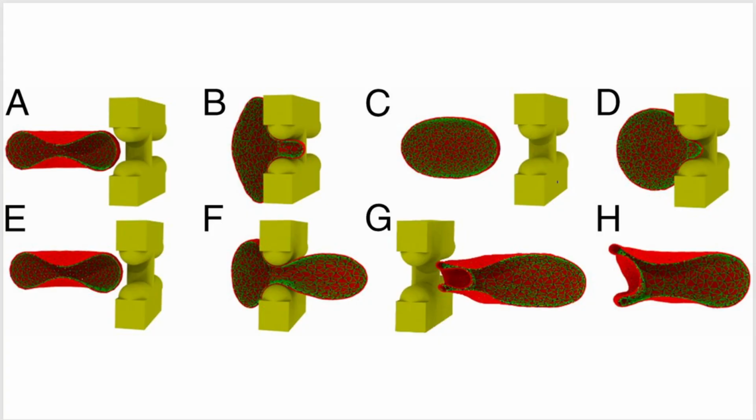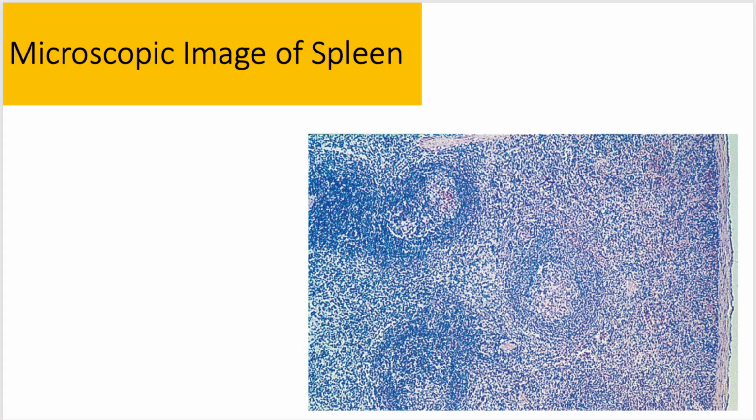You want to filter your blood because if you're using a bunch of old, faulty red blood cells, they're not going to be moving oxygen to your body very well and getting CO2 out, so they're not going to be doing their job. So when they get old, your spleen is going to take care of getting rid of those. This is what a spleen looks like on a microscope slide. So you can see that grainy texture to it and all of that reticular tissue.